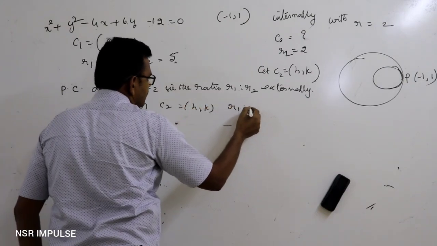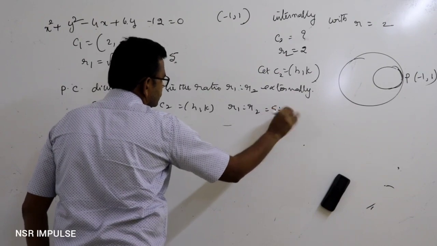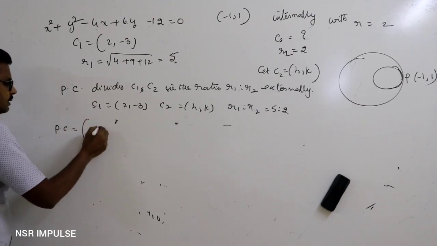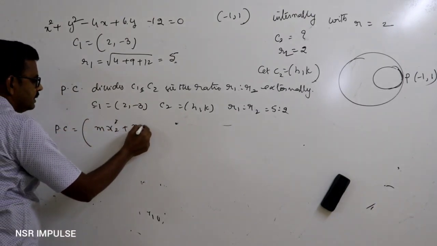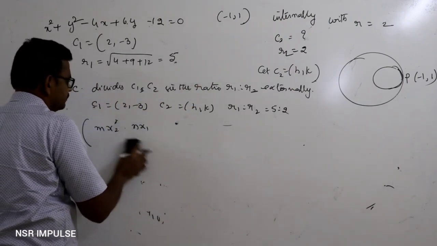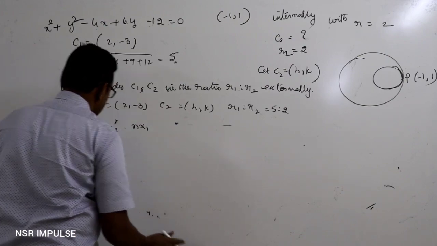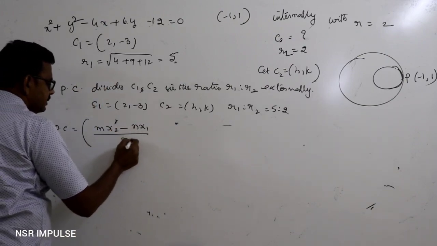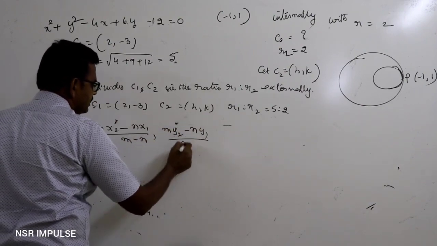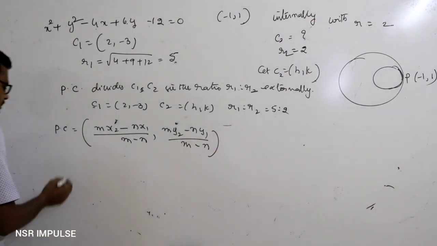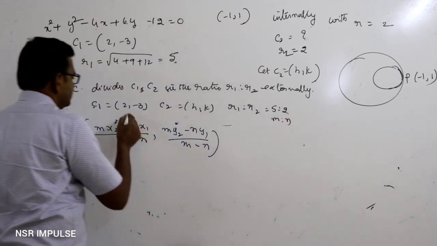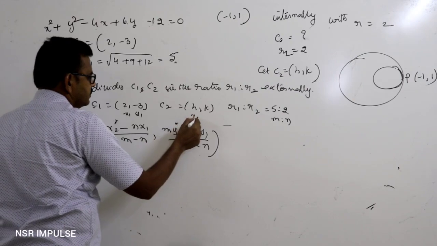R1 is to R2 is equal to 5 is to 2. Therefore, the point of contact is m x2 minus n x1 by m minus n, comma m y2 minus n y1 by m minus n. Here m is to n, x1 y1, x2 y2.